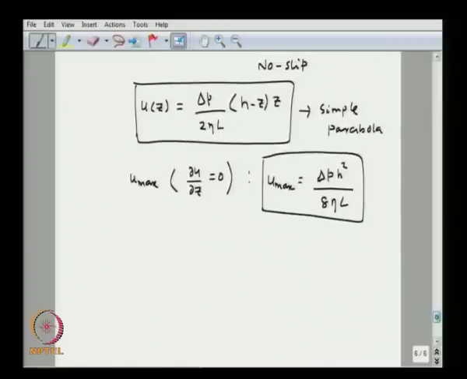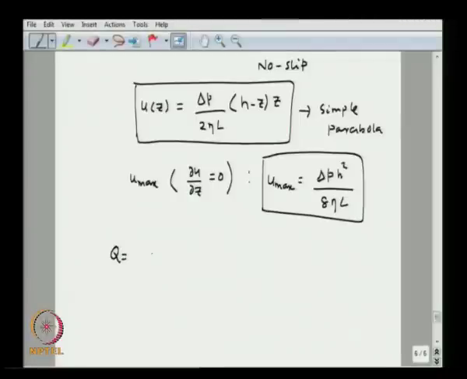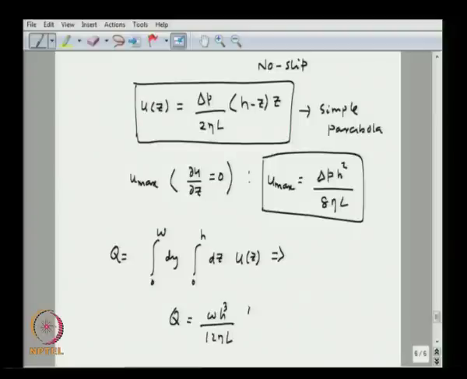So, from the expression for the velocity you can find out the expression for the flow rate. Okay. So, the volume flow rate q can be found as integration of 0 to w dy into 0 to h dz into the u z, which can be found to be, q would be w h cube divided by 12 eta L into delta p, right.